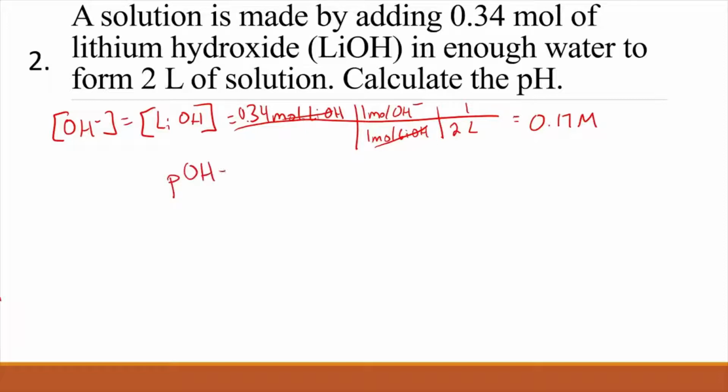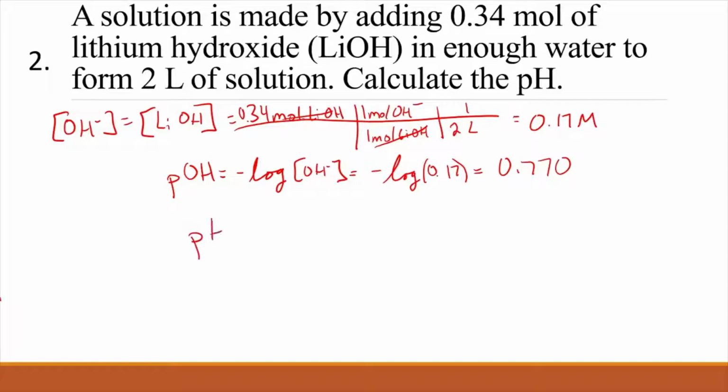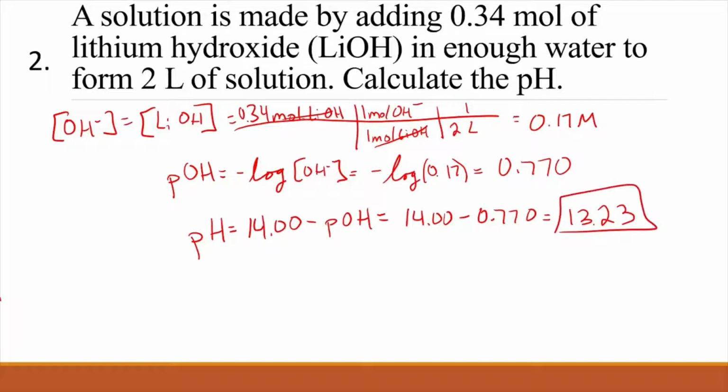So pOH is equal to the negative log of hydroxide. So that's the negative log of 0.17, which is 0.770. This is a very basic solution. So pH is equal to 14 minus pOH. So that's 14 minus 0.770. So you get 13.23 for your pH. So this is a very basic solution.